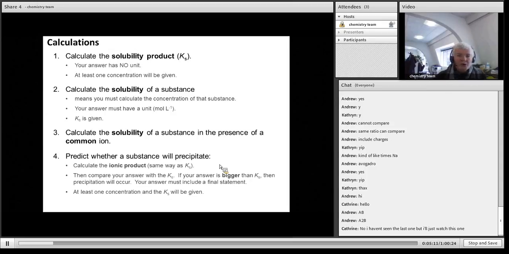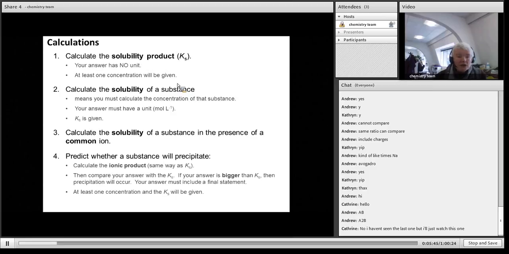These are normally done in pure water, a pure solution, so the only source of the ions is from my substance, like silver sulfate or calcium sulfate. The only way they can make these more tricky is, instead of giving you the concentration of a substance, at least one concentration must be given, they might give you the mass and the volume, and they'll expect you to work out the concentration yourself. So it's just a few more steps.